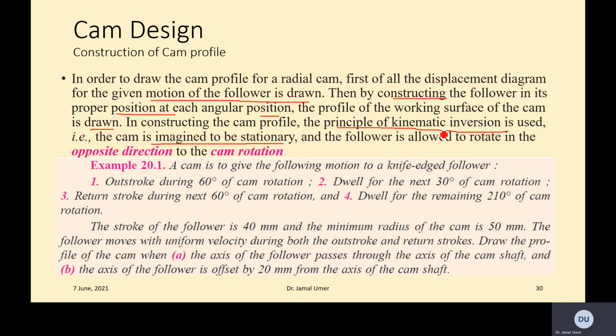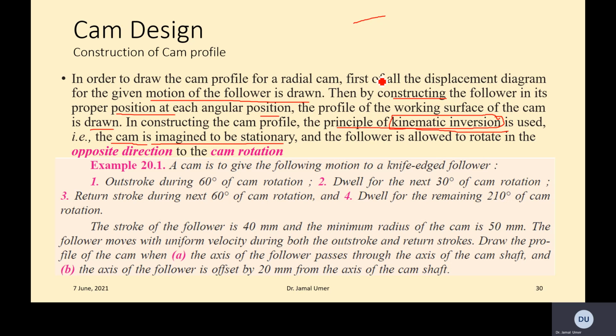We have done kinematic inversion quite in detail, actually two times, in lecture 1 and lecture 2. So what is kinematic inversion? You do the analysis where you keep one of the components stationary. In normal operation the cam actually rotates, but in this inversion the cam is stationary and the follower is allowed to rotate, though actually the follower is not rotating.